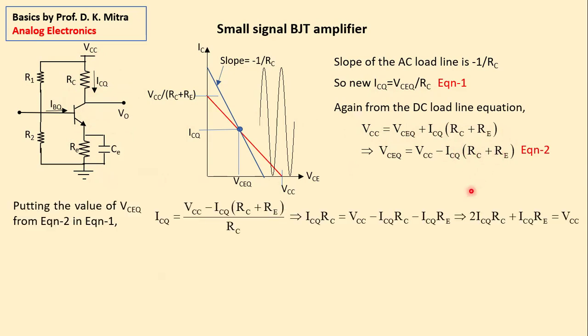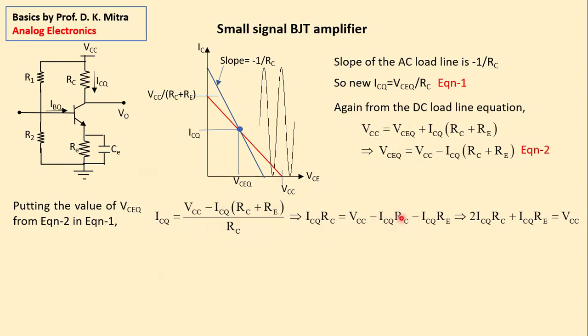Now we put the value of VCQ from equation 2 into equation 1. If you do that, then ICQ is equal to VCC minus ICQ RC plus RE, all divided by RC. Or cross multiplying, ICQ RC is equal to VCC minus ICQ RC minus ICQ RE.